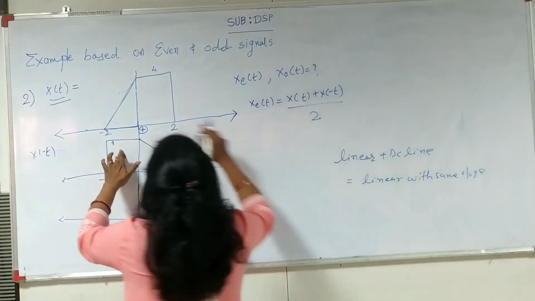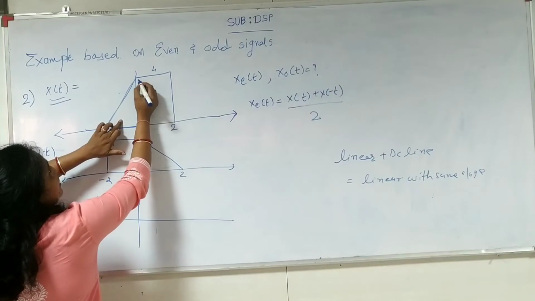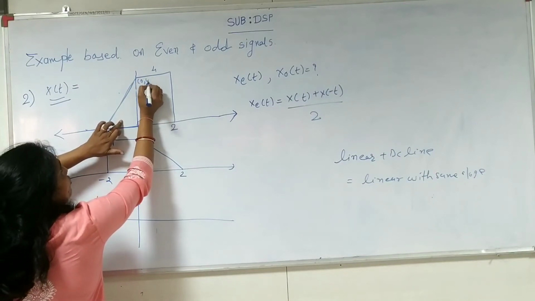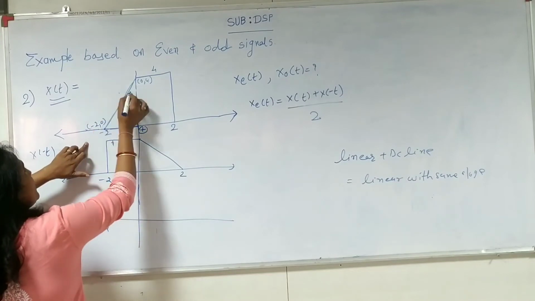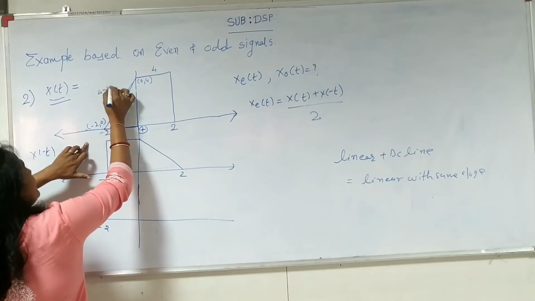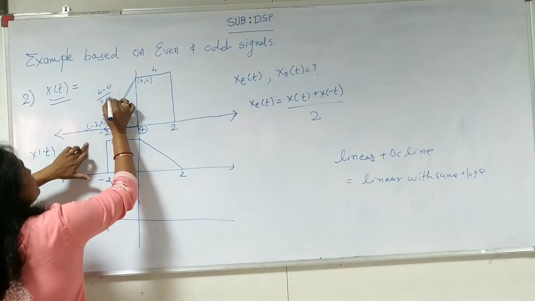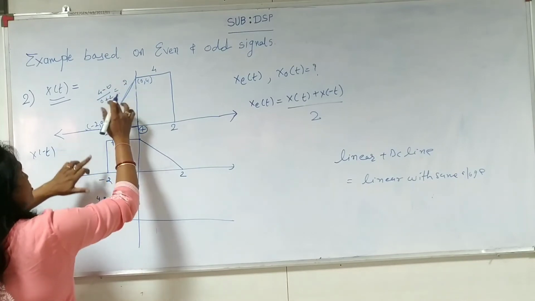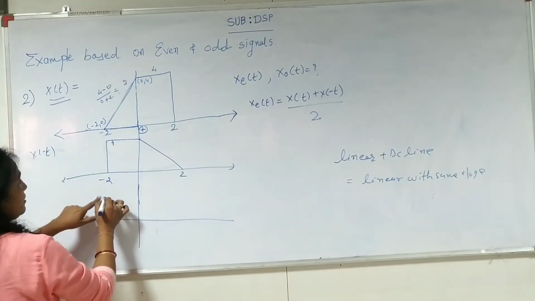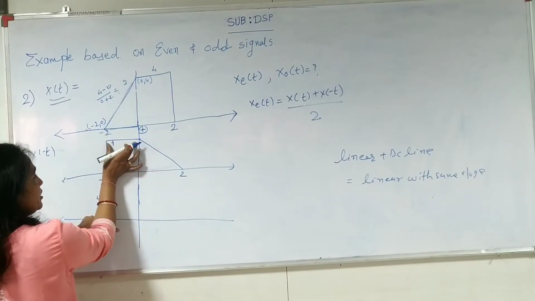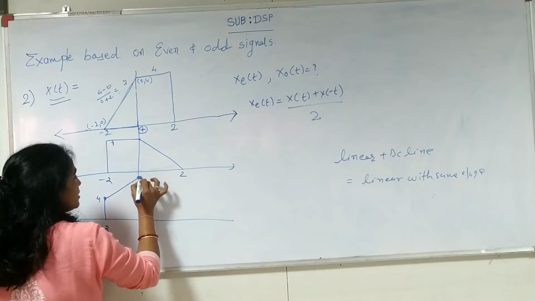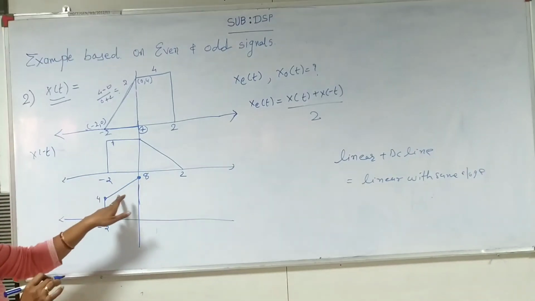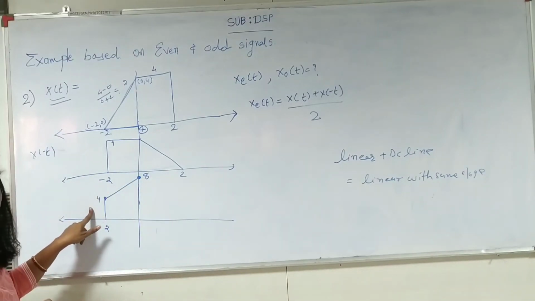Here our linear line slope: this one is 0, 4 and this one is minus 2, 0. So the slope is 4 minus 0 divided by 0 plus 2, which is nothing but 2. So this slope remains the same by adding this linear line to the DC line. The slope remains the same when we take this value as 8. Check the slope: 8 by 4 is nothing but 2.